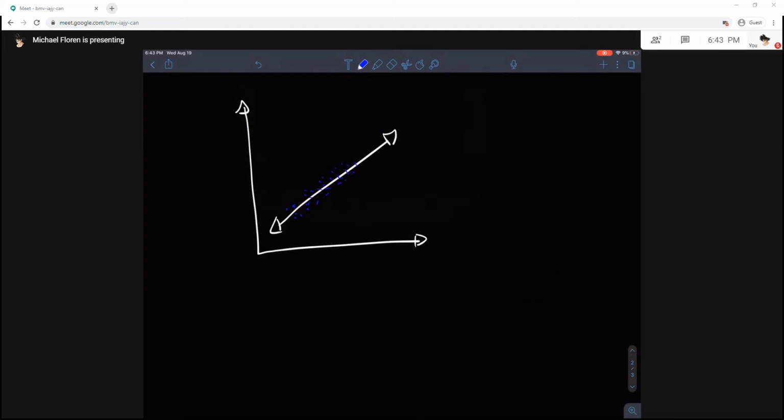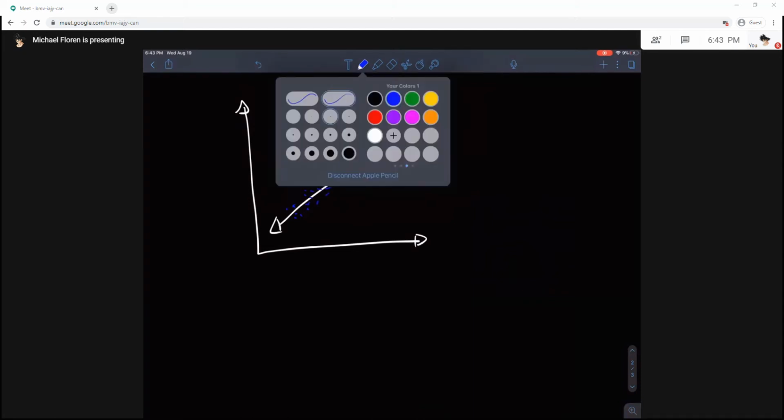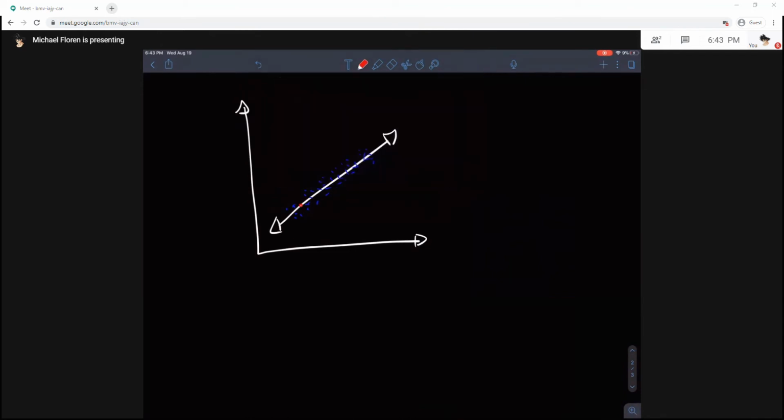And let's say that we would like to fit a new data point that doesn't exist yet at this particular x value. So we'll look at this x value here. Notice that the best prediction that we're going to get is on that best prediction line. So what we need to do is talk about how we can use the equation of that line to get the prediction.